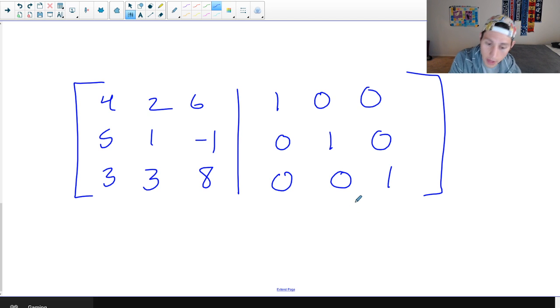Okay, and so that process will work with any size matrix, 3 by 3, 4 by 4, 5 by 5, as long as the determinant's not 0.